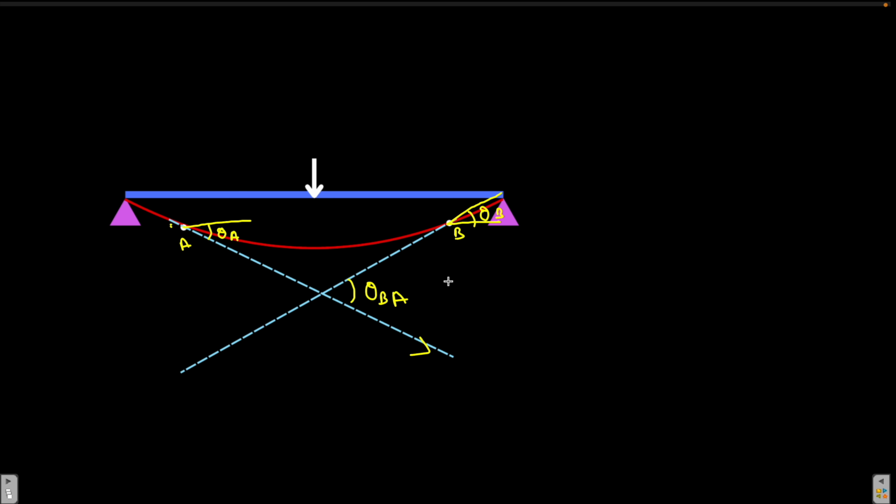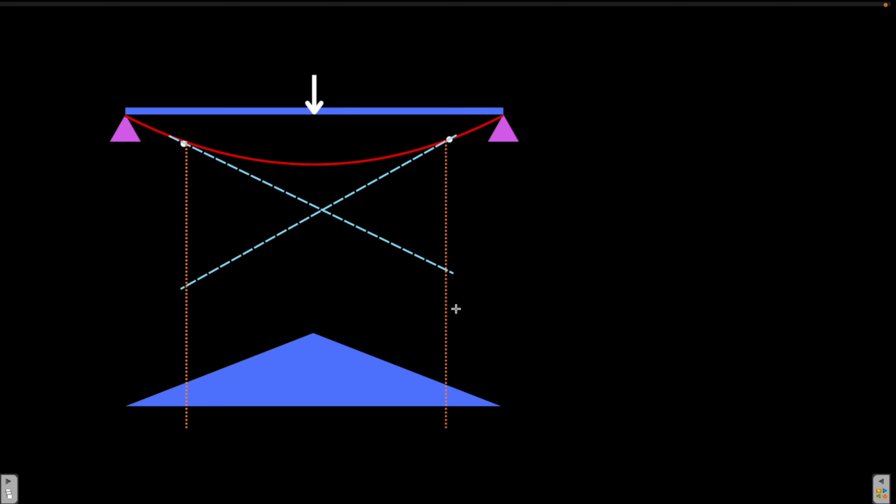So this quantity can be found out using the moment area theorem 1. So what is that theorem? It states that if you want to find theta BA, that means the slope at point B with respect to the tangent at point A, you have to find the area of the M by EI diagram under these 2 points.